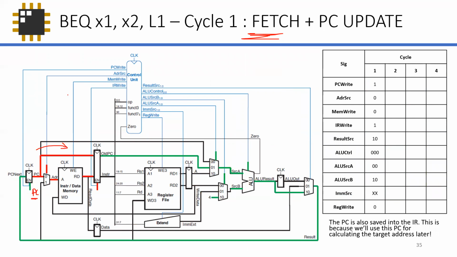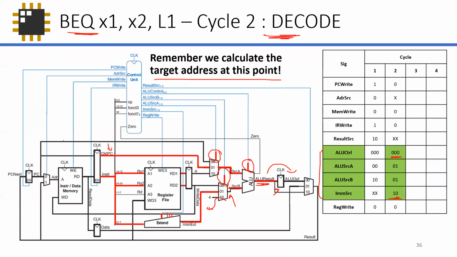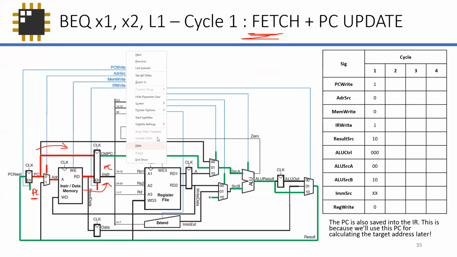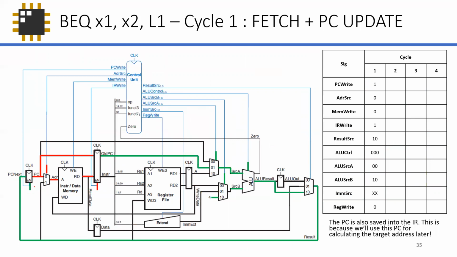But in the next cycle, when you go to the decode stage, the current PC is PC, and the one that you load into the instruction is the instruction for PC, right? So let me rewrite that. The current PC that you have is PC, and the current instruction that you have is pointing to PC.